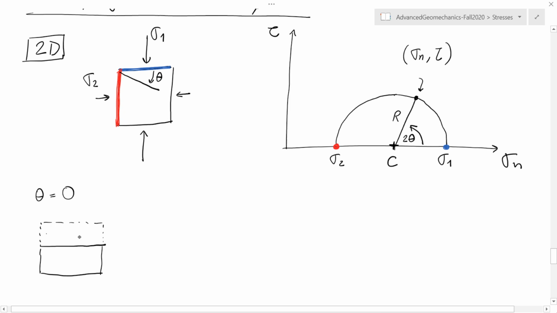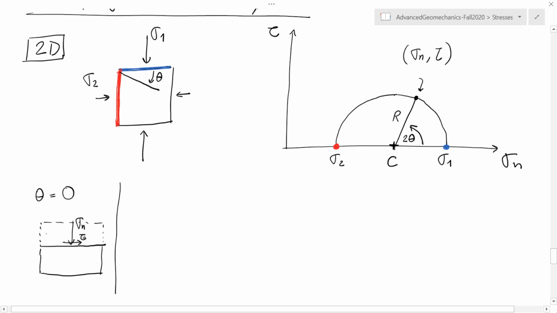If I were to slice the solid with such a plane, then in order for this solid to be in equilibrium, here I would have to apply a stress sigma n and a shear stress tau to keep it in equilibrium.